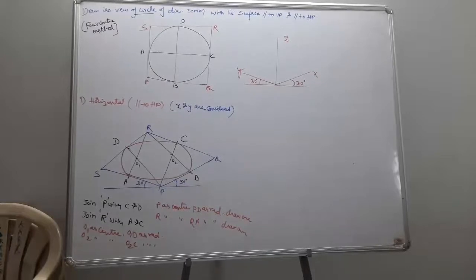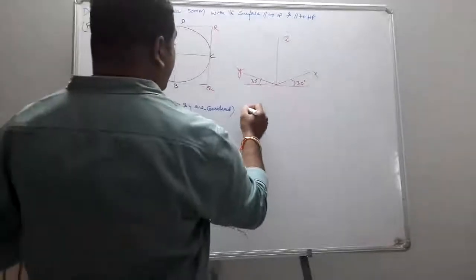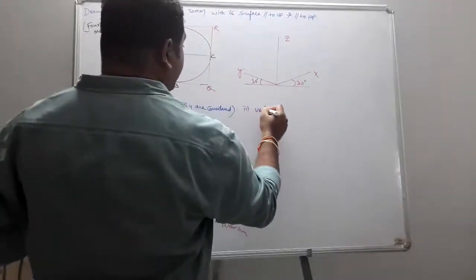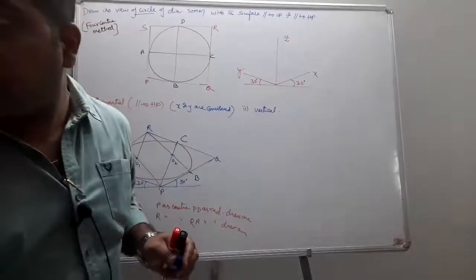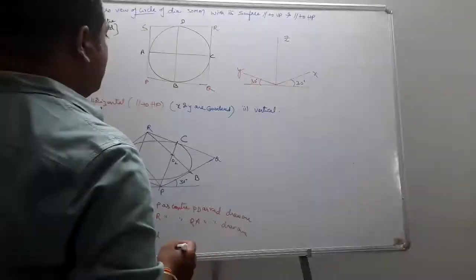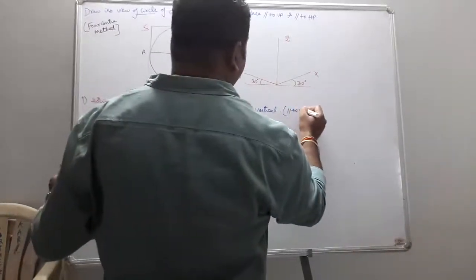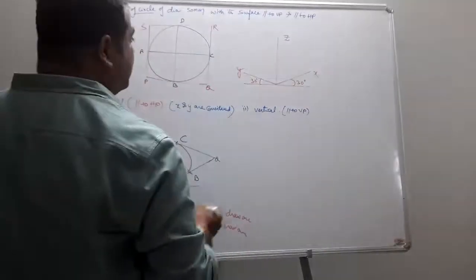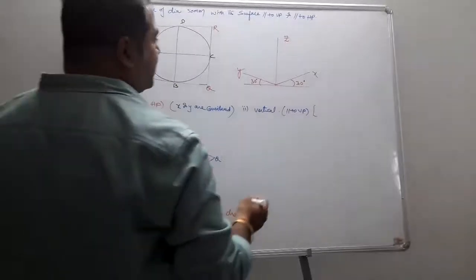Now let us see when your plane is vertical. So that means the second condition. When it is vertical, which axes are going to be considered? Vertical means parallel to VP. So that means XZ or YZ.